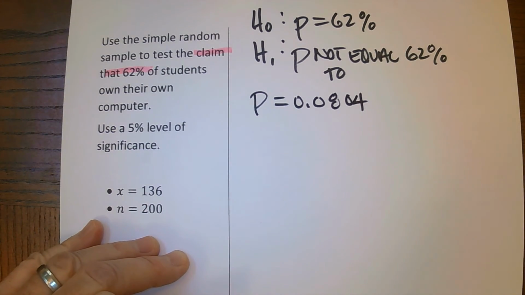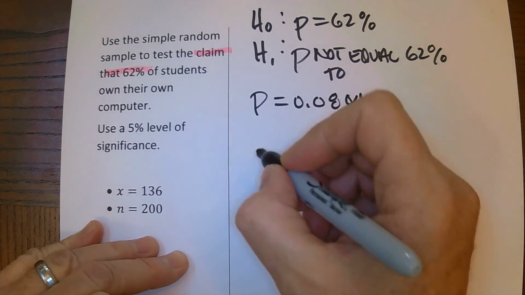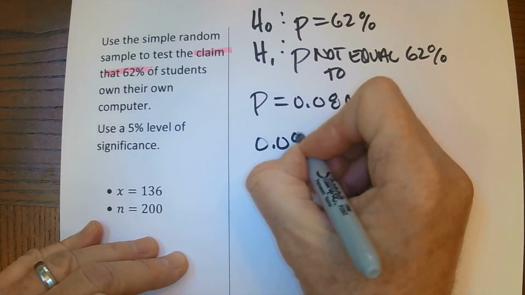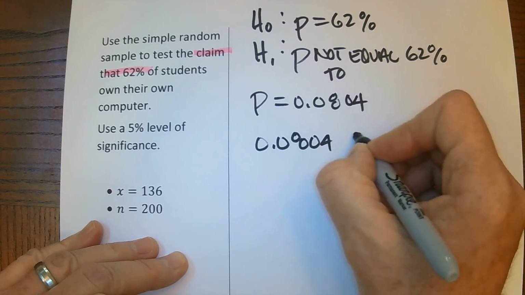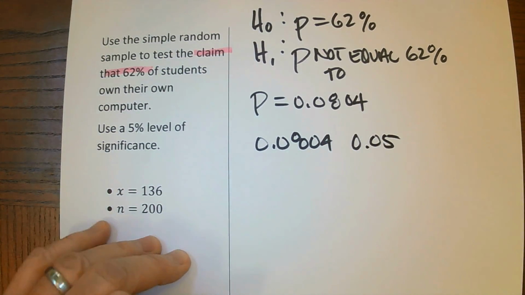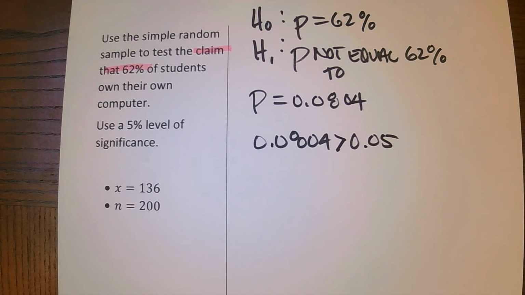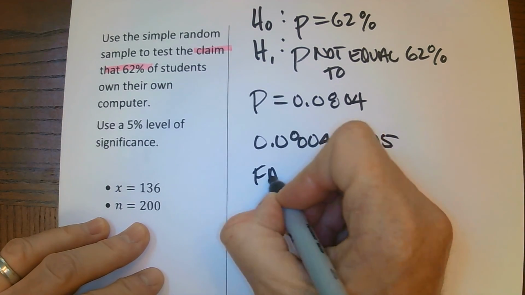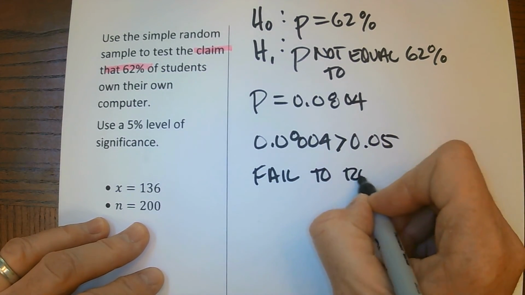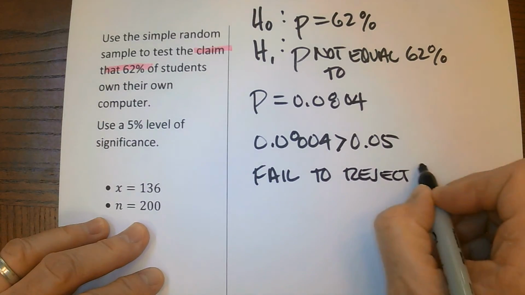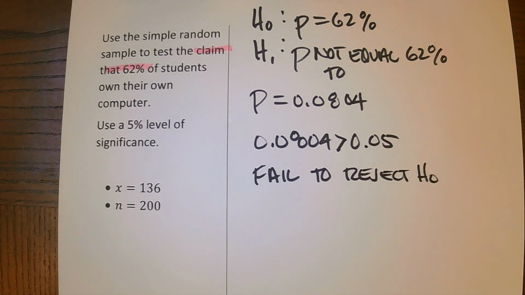Now, it's a probability, so I round it to 3 significant digits. Compare to alpha, 0.05. This time, my p-value is greater than the level of significance, so we fail to reject the null hypothesis.